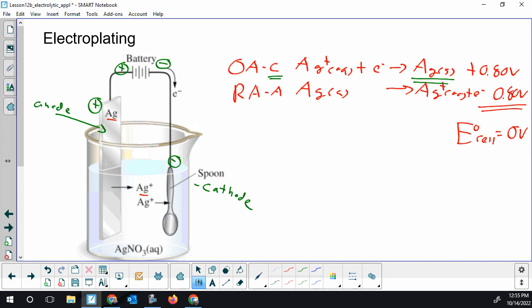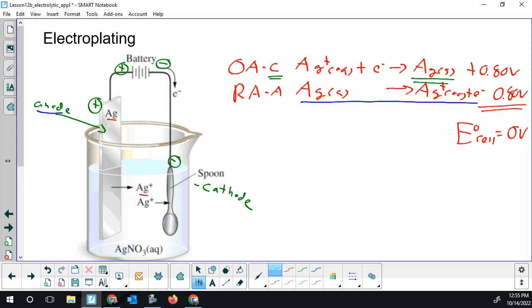The electrons don't really want to leave the silver at the anode, but the battery will rip them out, force them to be lost, forced oxidation, so they can be gained at the cathode. So our chunk of silver is going to react. Here's our anode reaction.